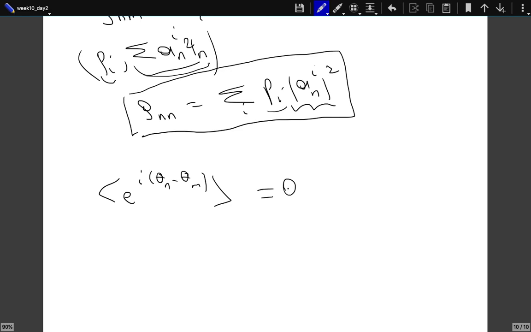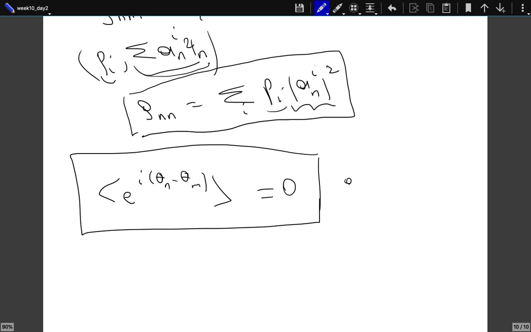This was an assumption, which is sometimes also described by saying that the state is an incoherent collection of these particles. The phases of different particles are arbitrary, they are random in a sense.